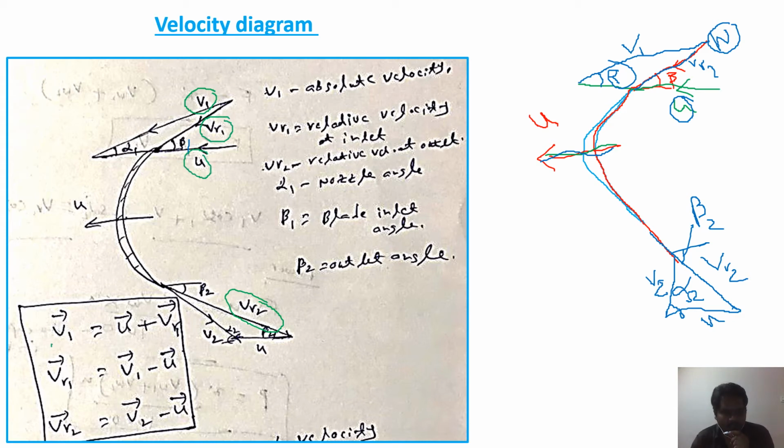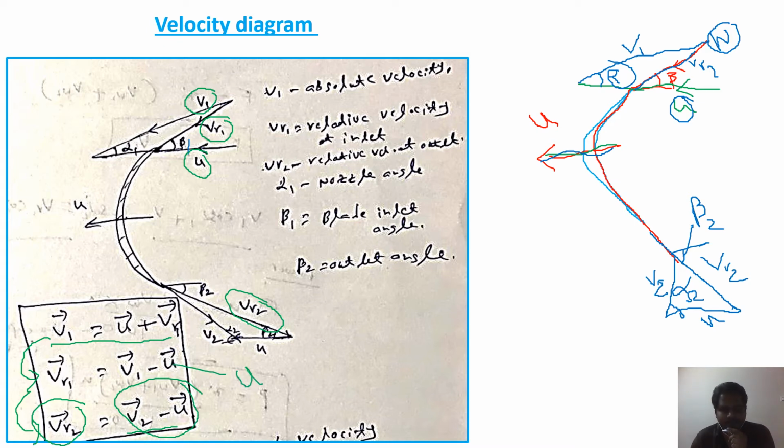So the same thing I have written: the net velocity V1 equals vector u plus vector Vr1, the relative velocity. From this we can write the relative velocity Vr1 equals vector V1 minus vector u. The same way we can write for relative velocity at outlet also, that is, Vr2 equals vector V2 minus u. Here u is the common blade velocity.